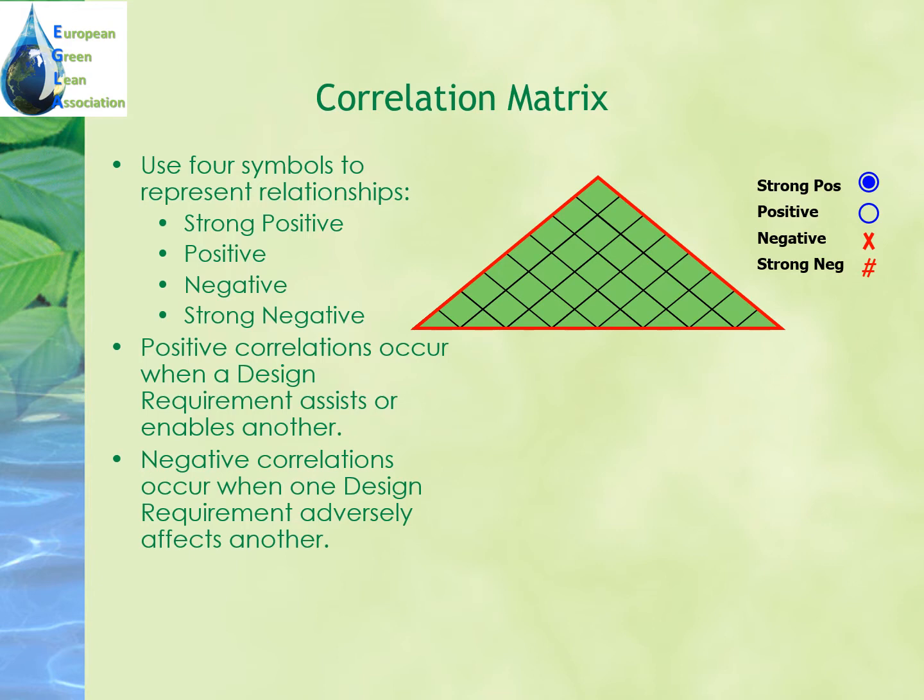Positive correlations occur when a design requirement assists or enables another, and negative correlation occurs when one design requirement adversely affects another. And on both there are 2 kinds of levels, strong and less strong.